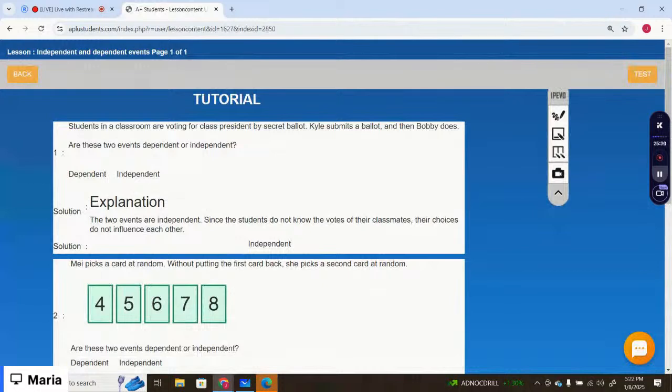Students in a classroom are voting for class president by secret ballot. Kelly submits a ballot and then Bobby does. Are these two events dependent or independent?